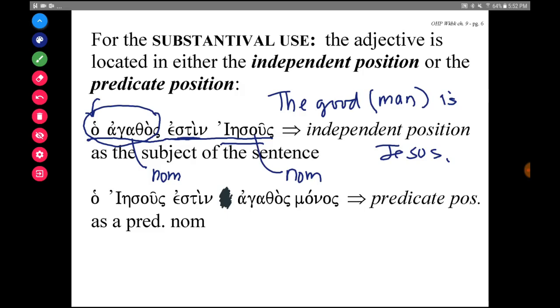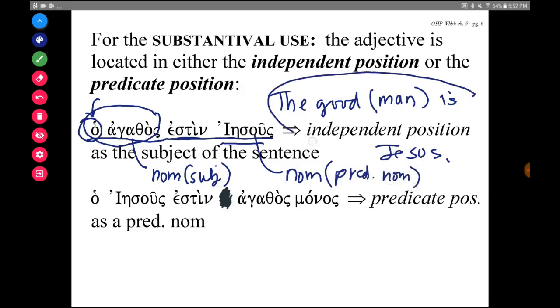Well, in this case, the one with the article usually is the subject of the sentence. And the one without the article, here Jesus, usually is the predicate nominative. So we would translate this as the good man is Jesus, not Jesus is the good man.